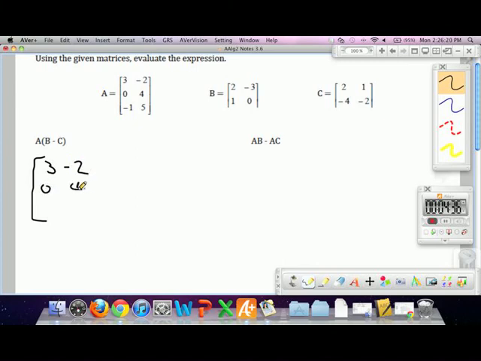And then B minus C. We'll subtract them element by element. It'll be 2 minus 2 is 0. Negative 3 minus 1 is negative 4. 1 minus negative 4 is 5. 0 minus negative 2 is positive 2.